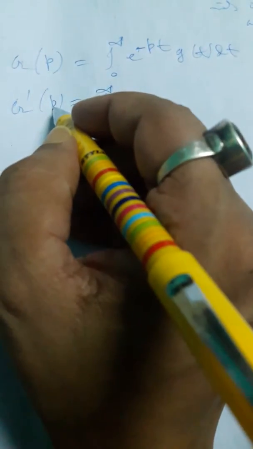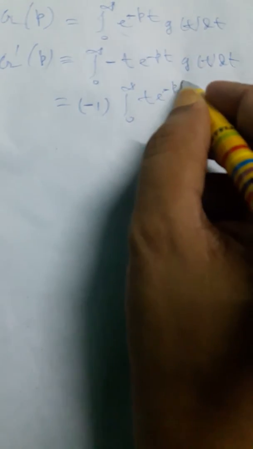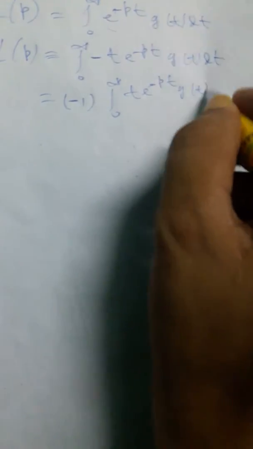So taking just the partial derivative with respect to p, it will clearly be minus t e to the power minus pt, with g(t) treated as constant. Simply we write minus 1 times the integral from 0 to infinity of t e to the power minus pt g(t) dt, in this way.